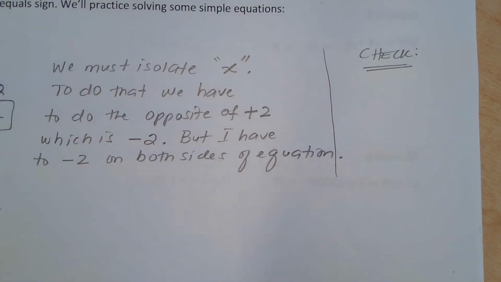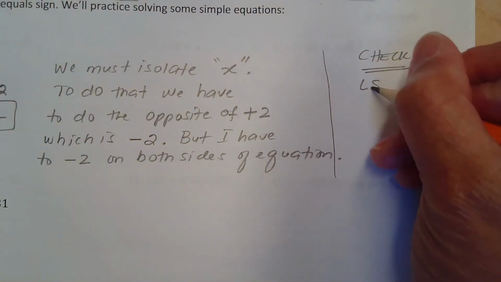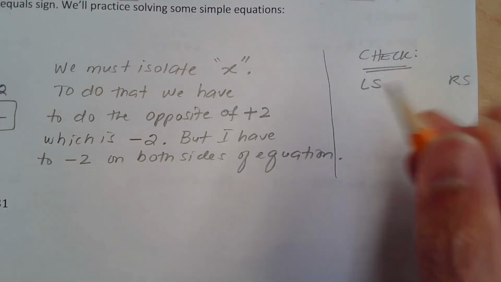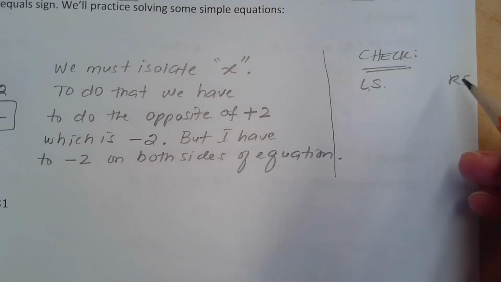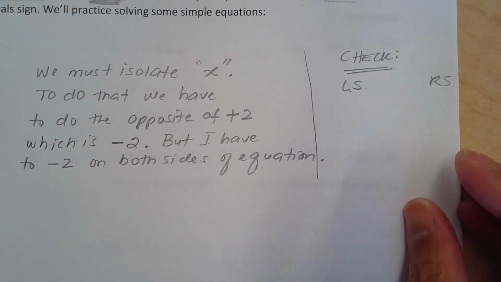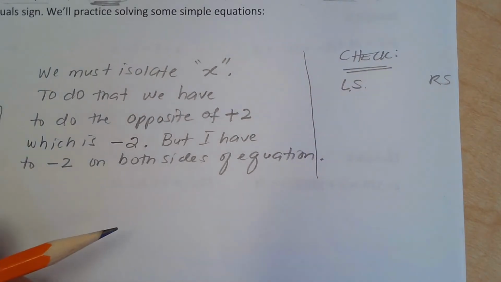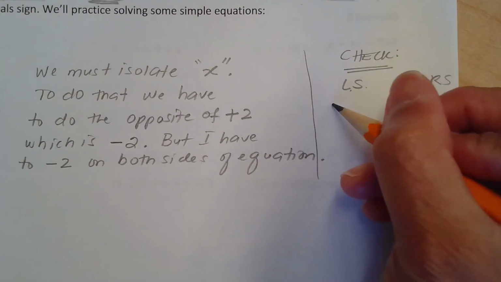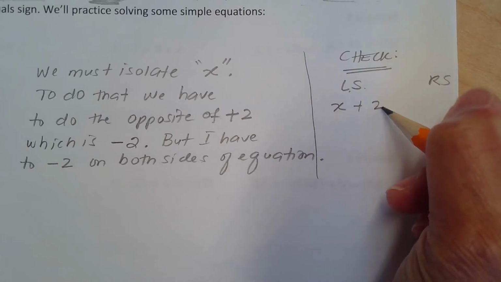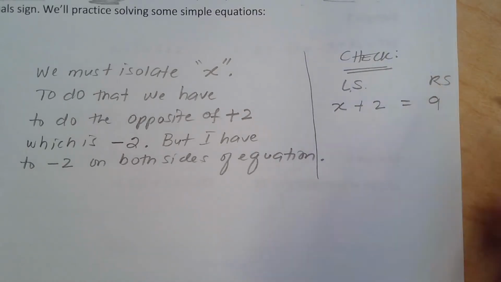So how do we check our work? How do we know that it works? So we have the left side and we have the right side. LS, left side, RS, right side. Okay, so we said x equals 7, right? So x plus 2 equals 9.